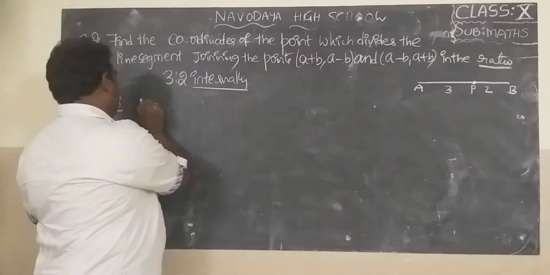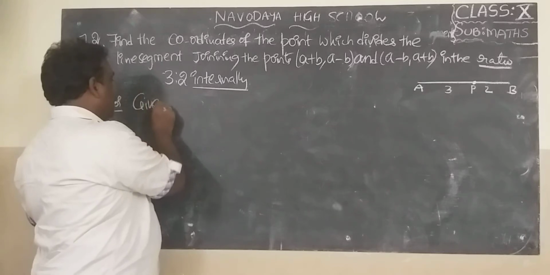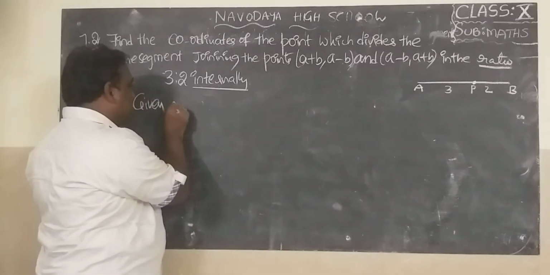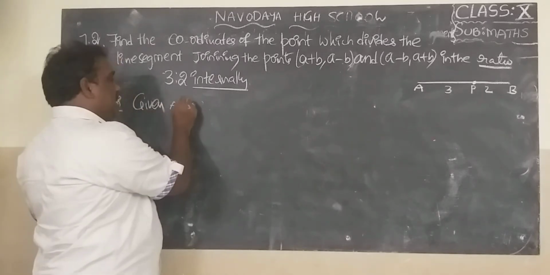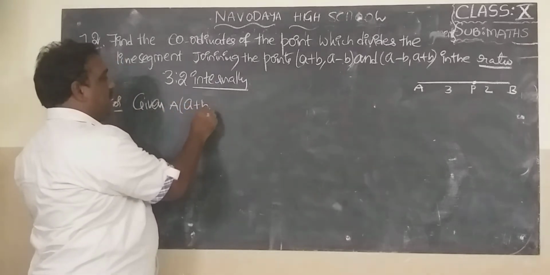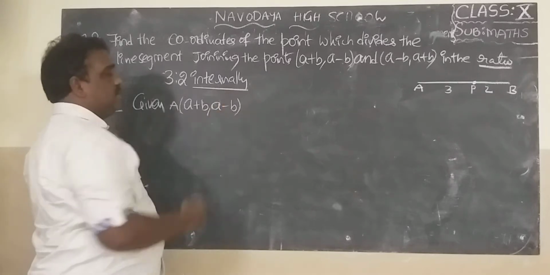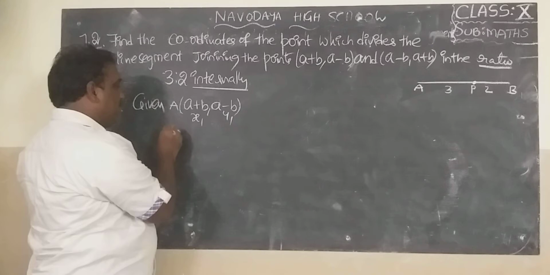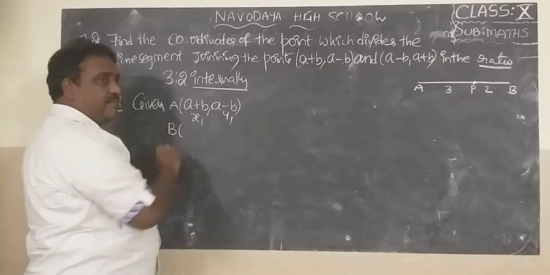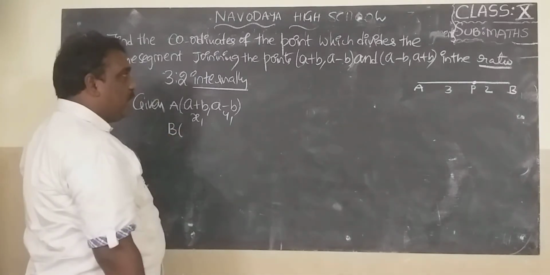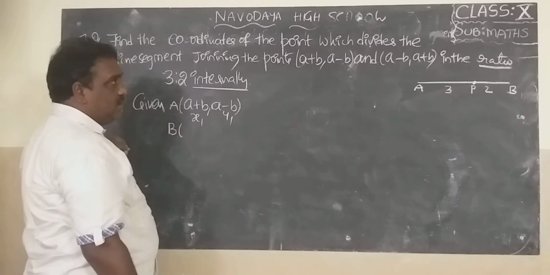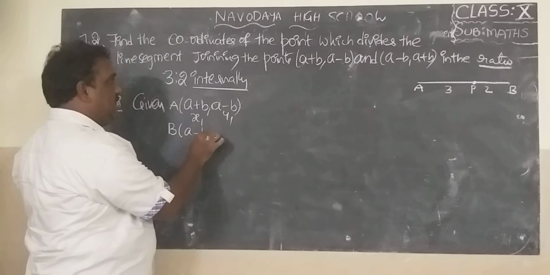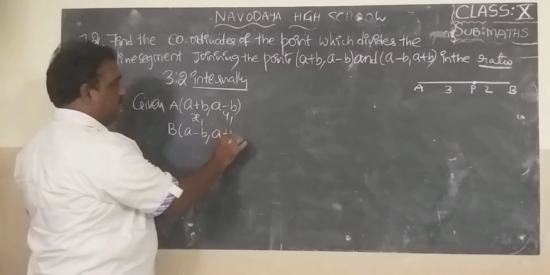What is given? Take the first point as A. Name the first point as capital A, a plus b comma a minus b. Let it be x1 y1. Name the second point as B. What is the second point? a minus b comma a plus b.